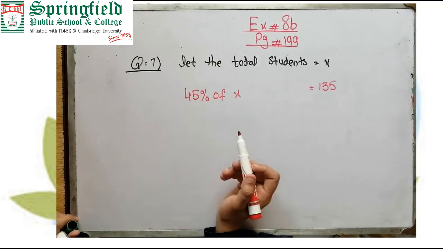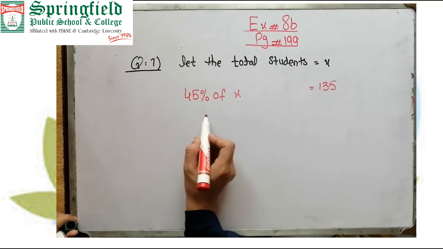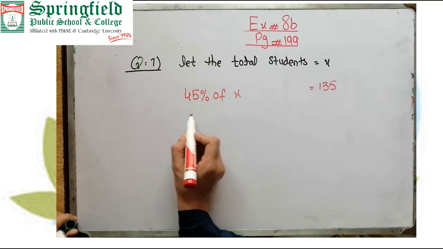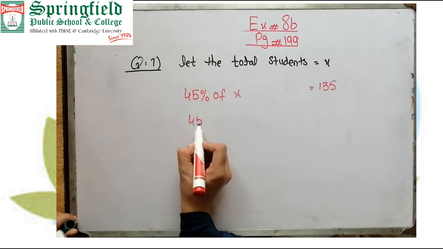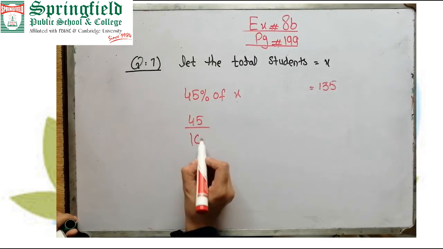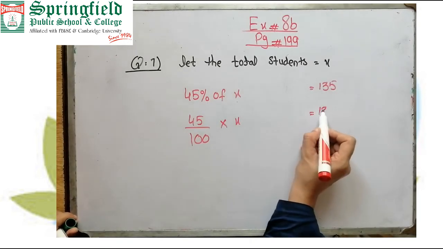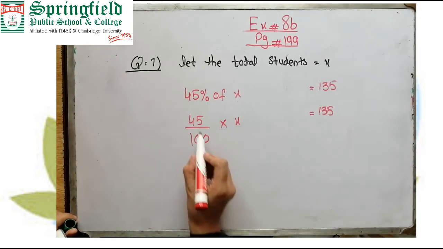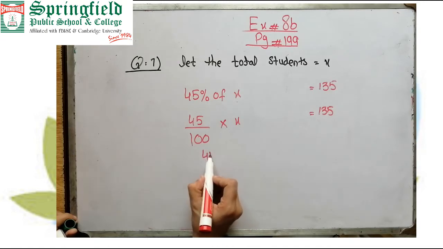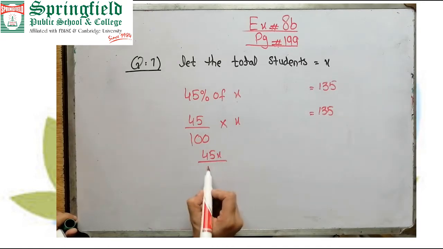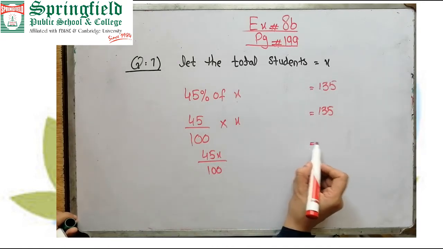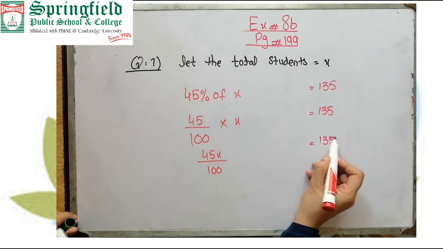Then what will be the value of x? How can we find the value of x? 45%: remove the percentage sign, write down over 100, of means multiply, then x is equal to 135. Then 45 multiplied with x divided by 100 is equal to 135.